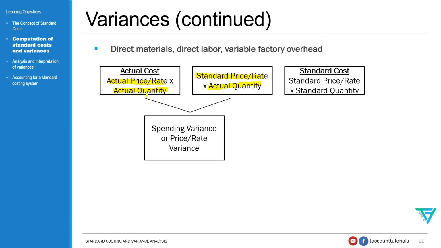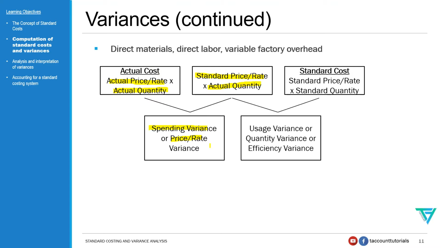So it can also be expressed as actual quantity multiplied by the difference in standard and actual price. So in that sense, we would be arriving at the spending or the price or rate variance, since we are looking at the change in the price, right?